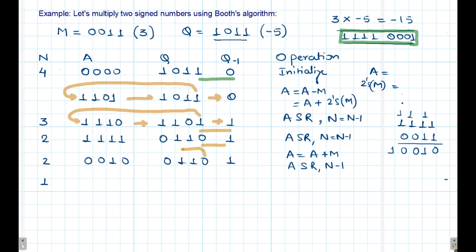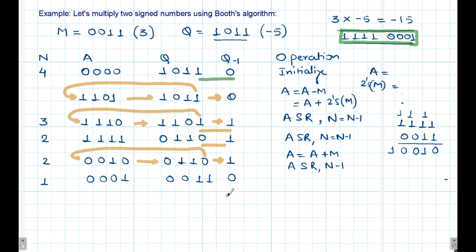So this 0 is shifted over here, and this operation needs to be done. So this becomes 0001, and this 0 comes over here, 0011, and this 0 comes over here. This will result in the value 0001 and 0011.